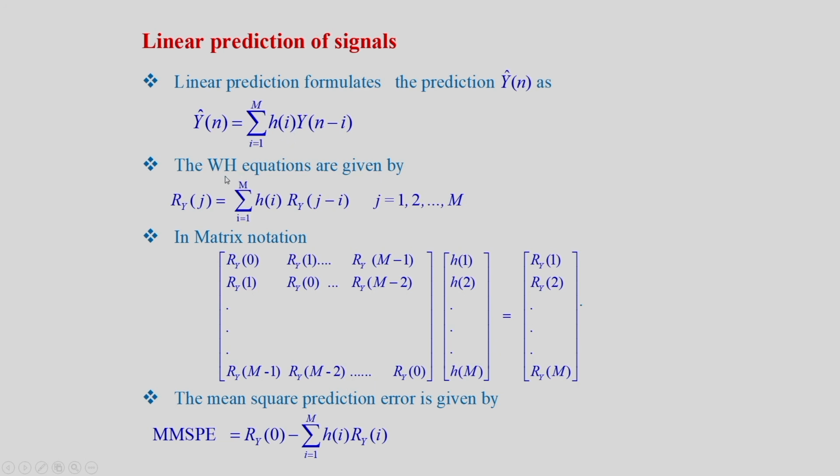Again we apply the orthogonality condition. Here the actual data is y[n], and we are predicting y hat n. This error is orthogonal to data.